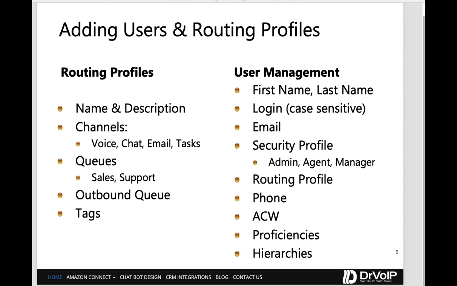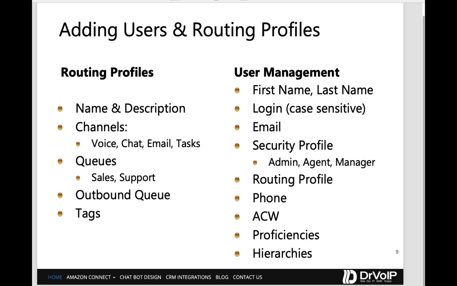If I'm a user in a routing profile in which I get calls for both sales and support, if I make an outbound phone call, what caller ID should be exhibited, sales or support. And tags are very useful to help track resources, especially in your metrics.